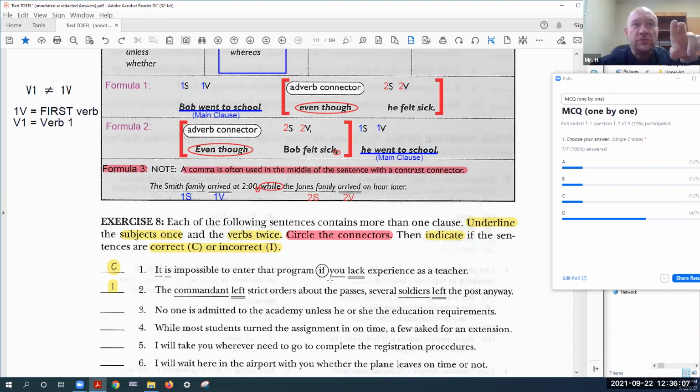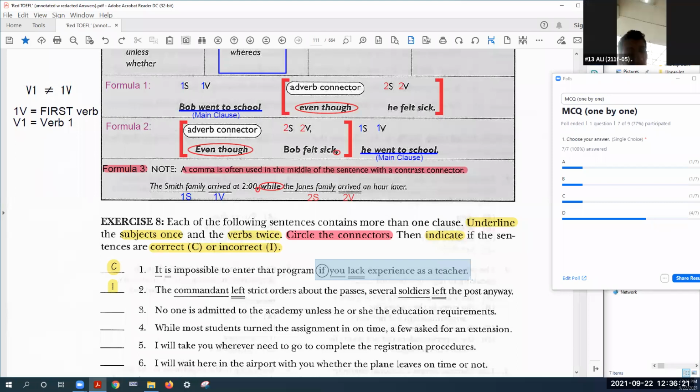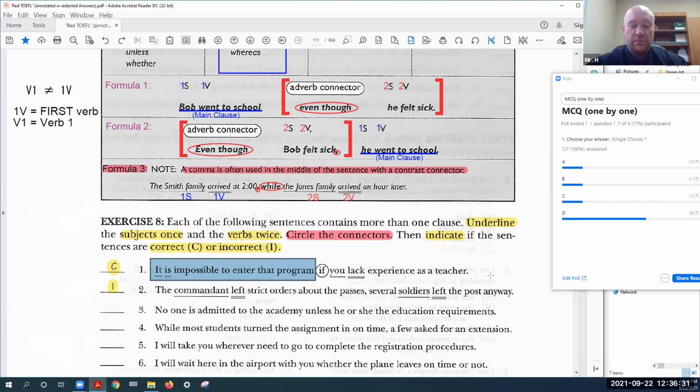Is that formula 2? So where's the main clause? This is the main clause. Does the main clause have a connector? No. So where is the main clause? The first. So where do I put the first verb?